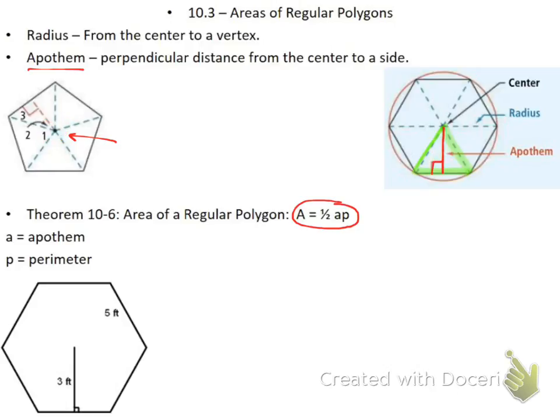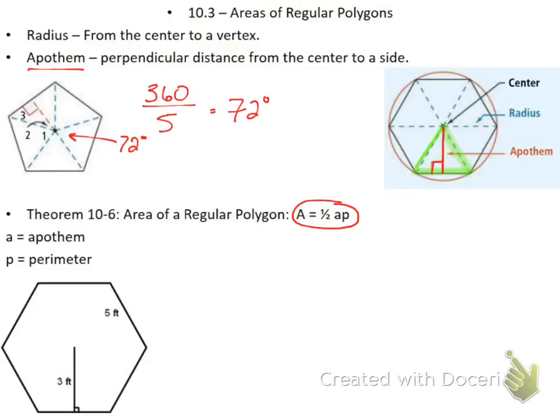If I just wanted to find one piece, I can do 360 and divide it by the number of slices that I have, which is also the number of sides. This thing has 5 big pizza slices, so I can do 360 divided by 5, and that will get me 72. So this angle is 72 degrees.